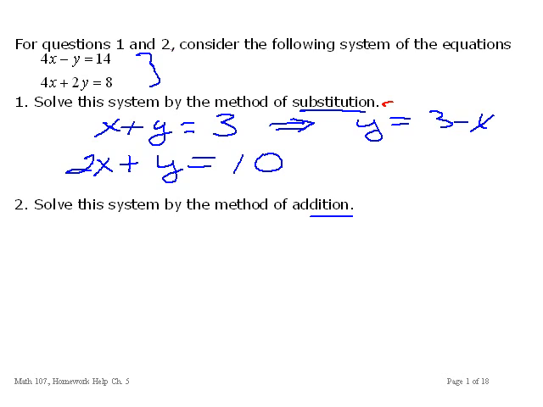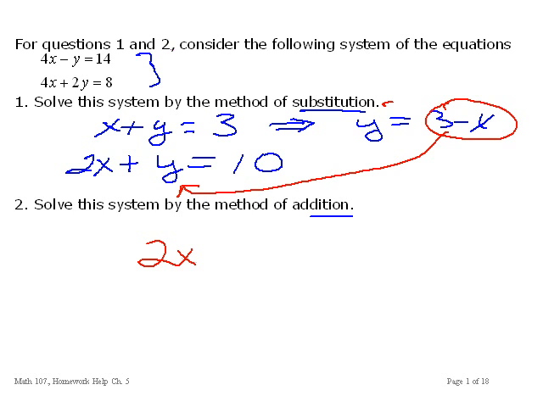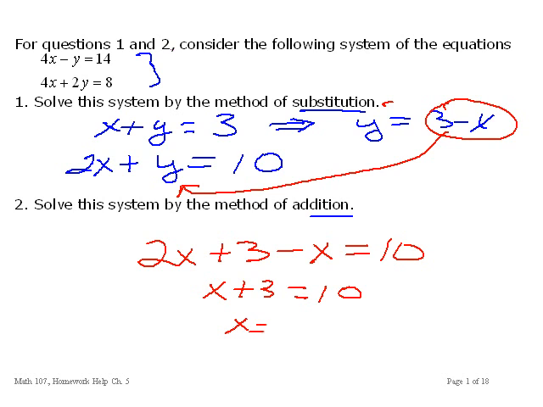Then you substitute it into here, and now you have an equation that's only in x. And you solve this for x. So I have 2x plus 3 minus x equals 10, or x plus 3 equals 10, or x is 7. Now that you know x is 7, you take the 7 back into this equation and you find y. That's the method of substitution.